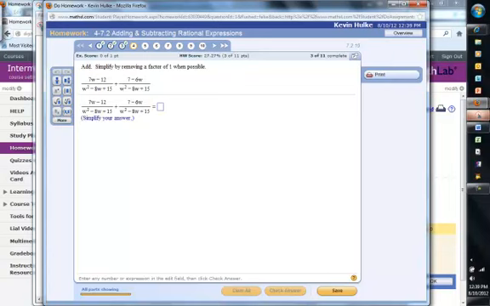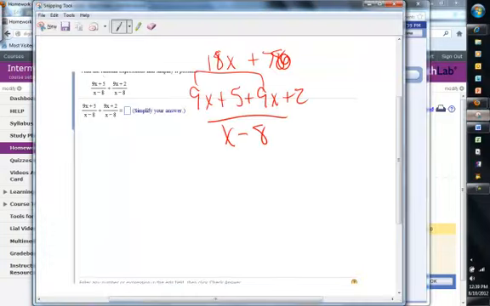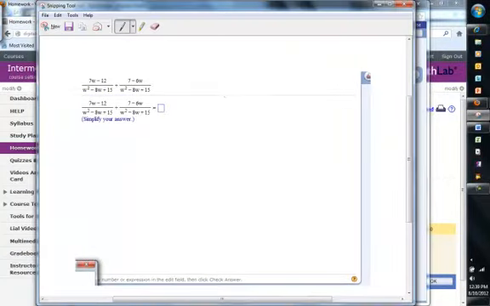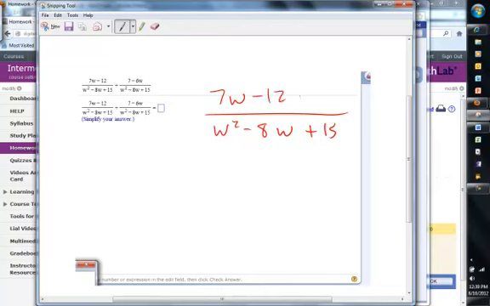Ooh, do these have the same denominator? Yes, they do. And so our denominator is w squared minus 8w plus 15. Our numerator is 7w minus 12 plus 7 minus 6w. 6w and 7w makes w minus 5.